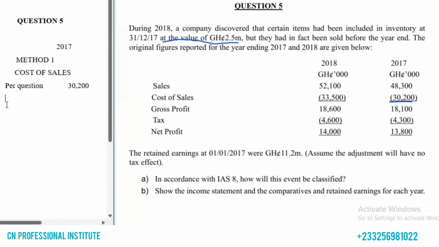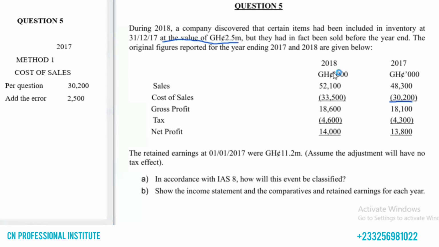Then we said this error will reduce cost of sales. They have deducted a bigger figure in 2017, so they have reduced cost of sales. We have to add back the error. How much is the error? The error is 2.5 million, which is 2,500, because we are working with three zeros.